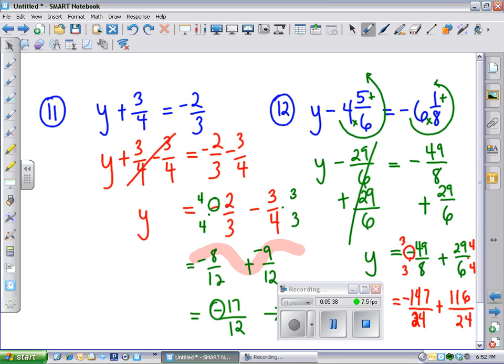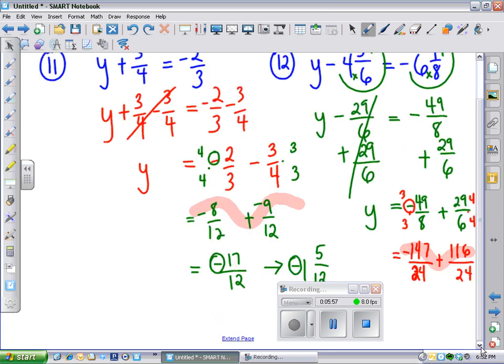Okay, and now the problem again needs us to just work with the numerators. Negative 147 plus 116 leaves us, we got 4, 120 plus 27, so 31. And the negative 31/24ths.